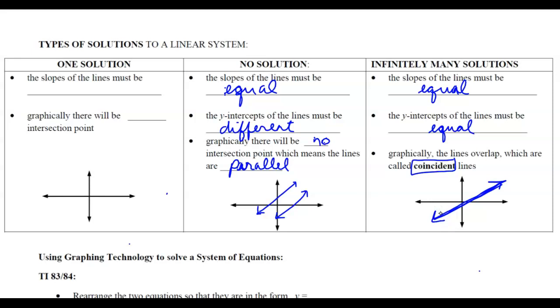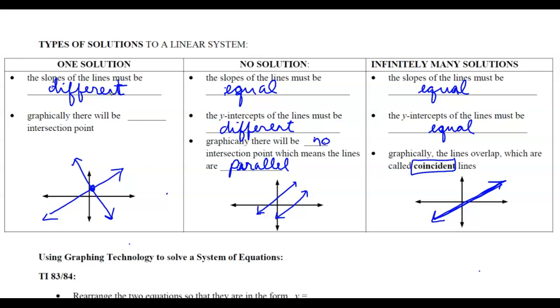And then one solution is just the ones we were doing before, where they intersect in one point. Okay, so the slopes must be different or unequal, I guess you could put, but they must be different. They could be negative reciprocals, they could be both the same sign, but they have to be different values, okay?